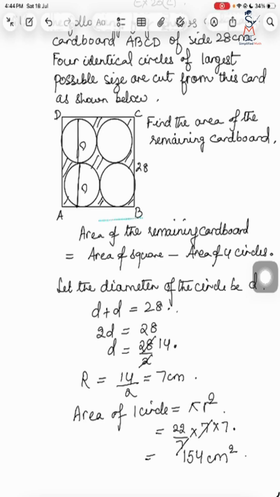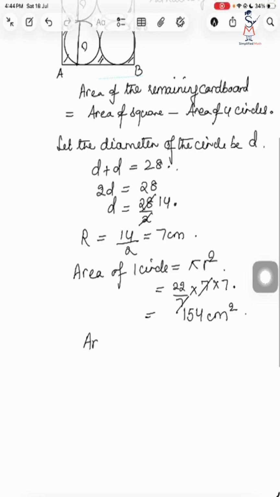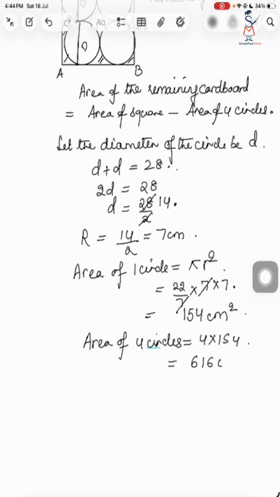So now what will be the area of 4 circles? Because there are 4 circles, so area of 4 circles will be 4 into 154, that is 616 centimeter square. Now what is the area of a square?